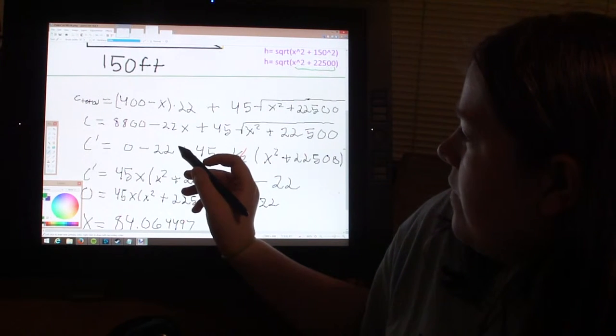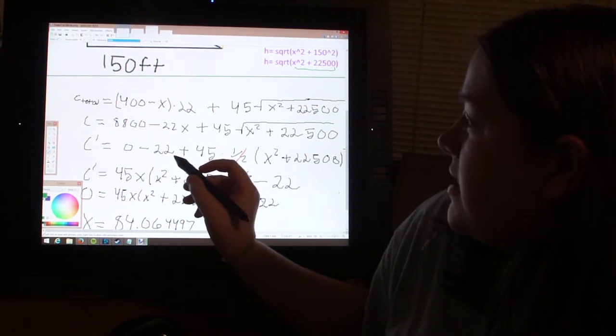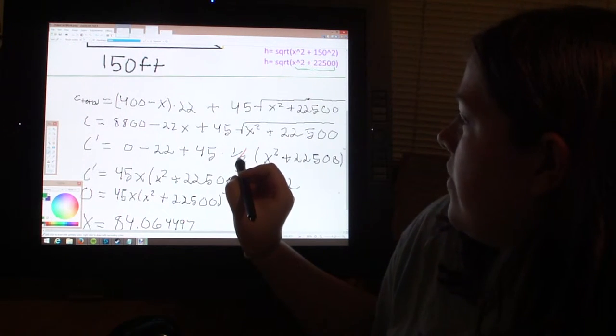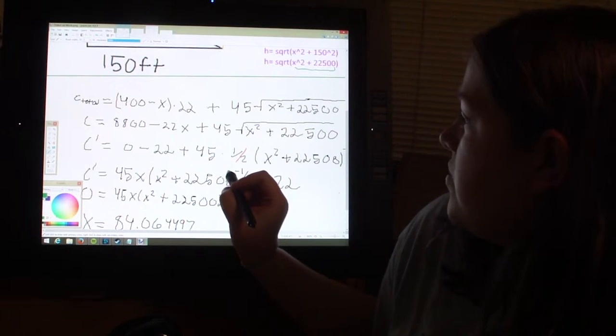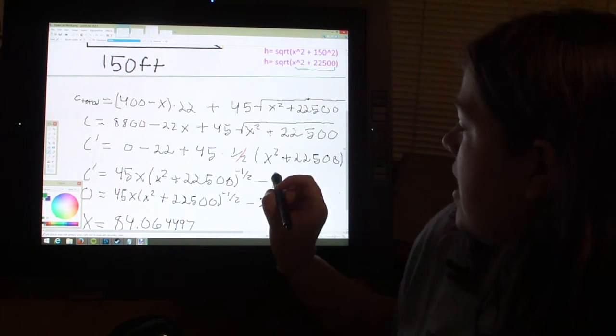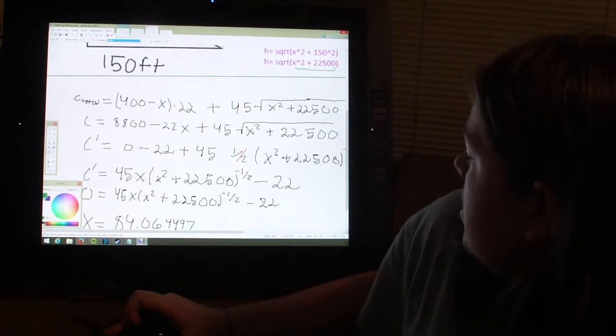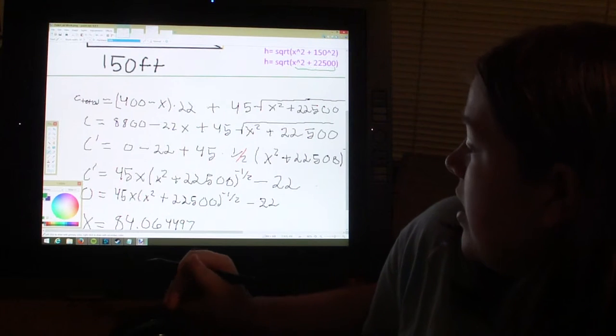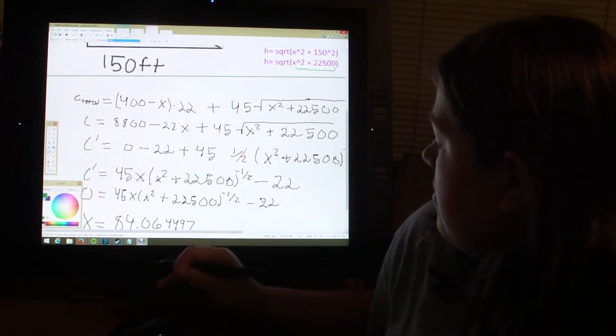The derivative of (400 minus x) times 22 is 0 minus 22. And the derivative of 45 times the square root of x squared plus 22,500 is equal to 45 times x times (x squared plus 22,500) to the negative 1/2.